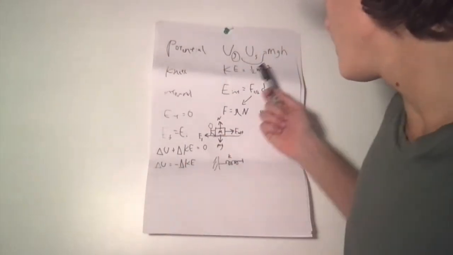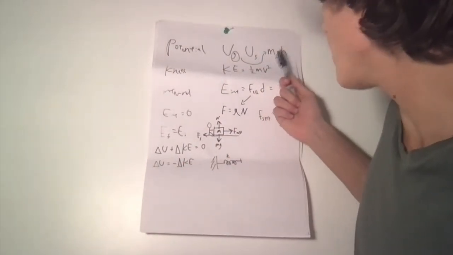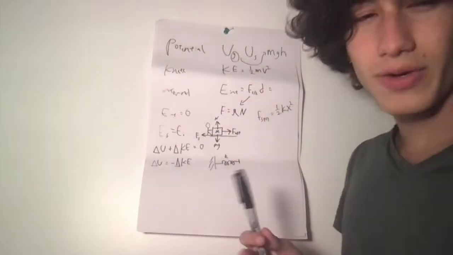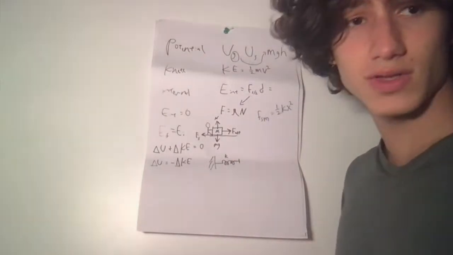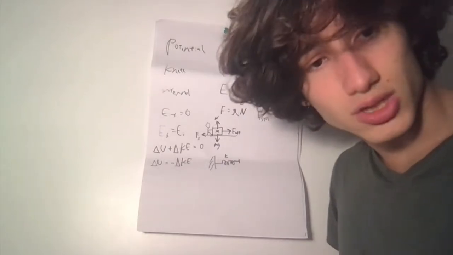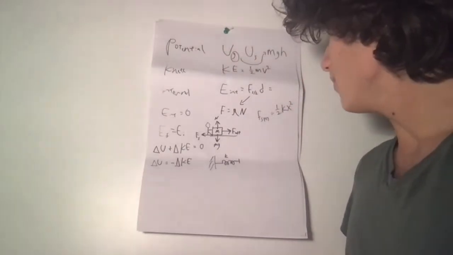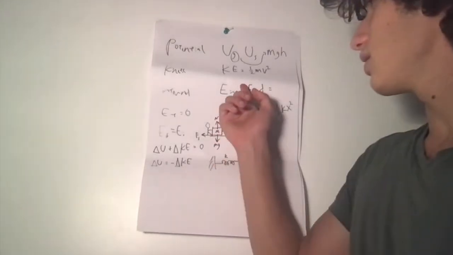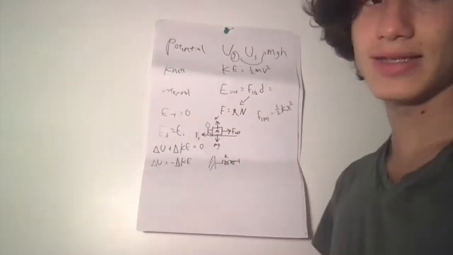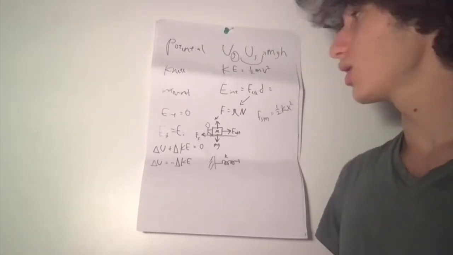So we would write it's the mass times gravity times h. When I say gravity, I mean g. It's Earth's gravitational constant. This would be different under different gravitational fields. And kinetic energy can be written as kinetic energy is equal to 1/2 mass times velocity squared.